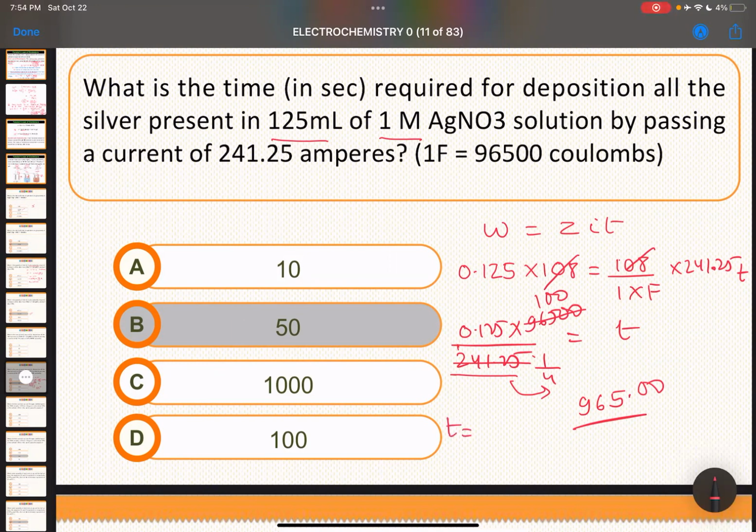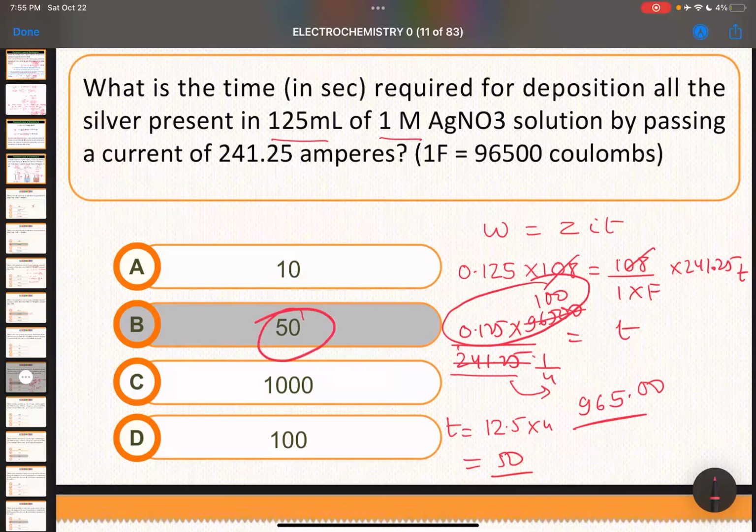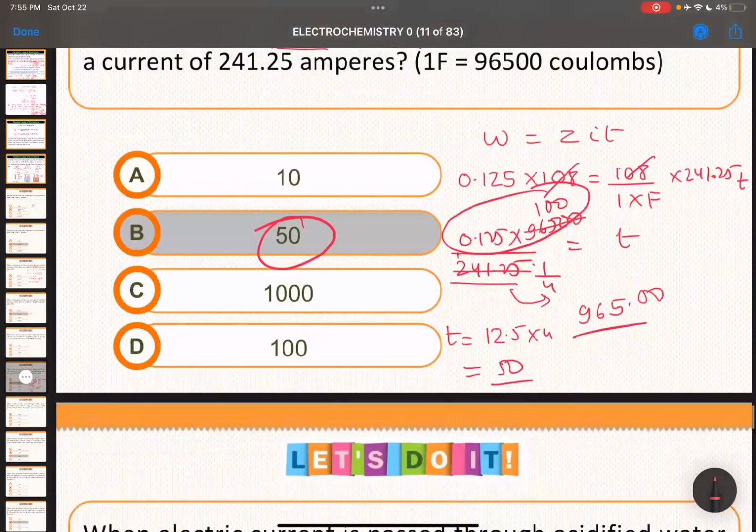So how much is it? 12.5 into 4 is going to go in the numerator. 12.5 into 2 is 25. 25 into 2 is 50. Clear? Yes. So I hope you understood where you made the mistake.